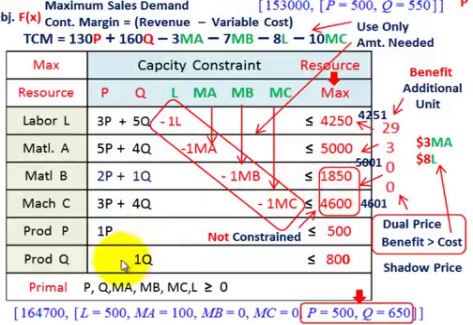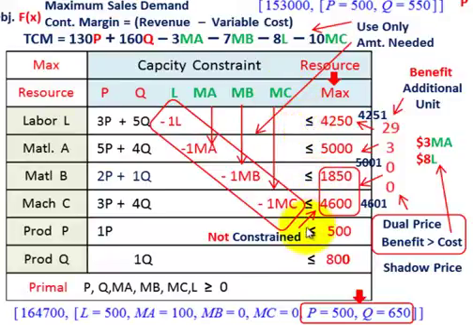And then just remember, everything else has to be positive. Primal has to be positive here. And this is a maximization linear program. So you've got your resources or your supply here, and then your demand for your constraints or your capacity constraints here.